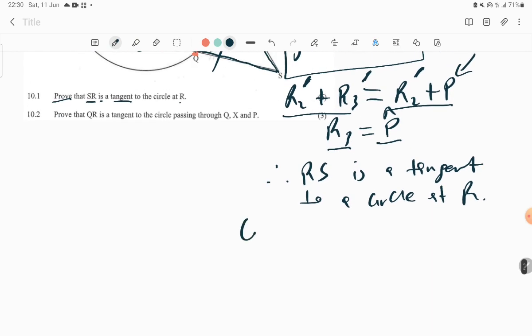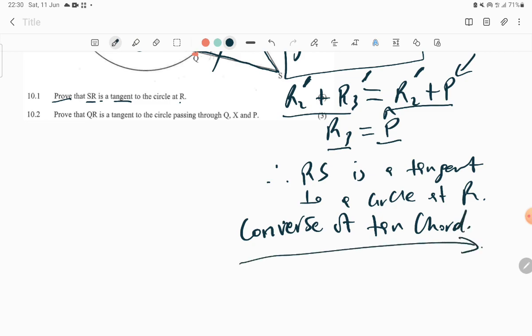Because the converse of the tan chord theorem holds.